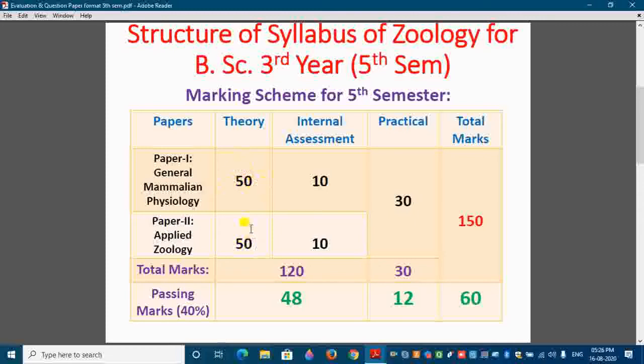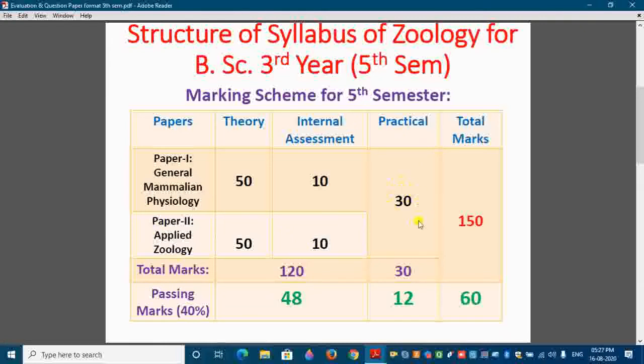Then there is an internal assessment. For paper 1 there are 10 marks for the internal assessment, and for paper 2 there are 10 marks for the internal assessment. In this way the total internal assessment marks for the fifth semester are 20 marks. Then there are practicals, and there is a practical exam of 30 marks.